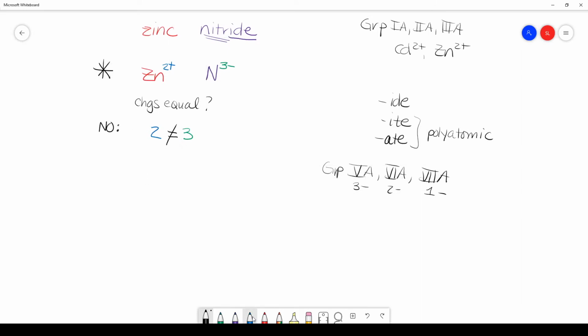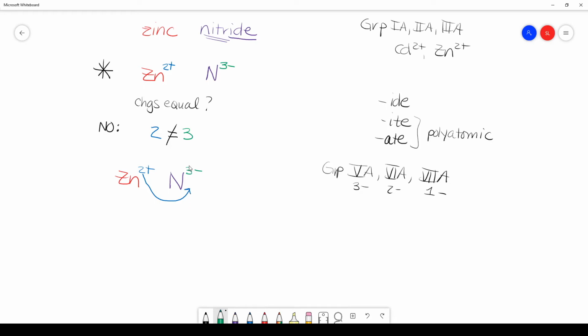So 2 is not equal to 3. That means that I have to take the charges, or I should say the values of the charges, and swap them so they become subscripts. So I'm just rewriting the ions so I can show you how that's done. What I mean by that is, the value of the cation charge, the 2, is going to come over here and become the subscript for the anion.